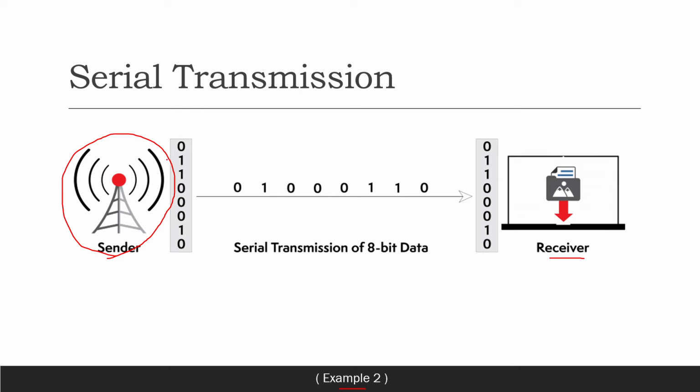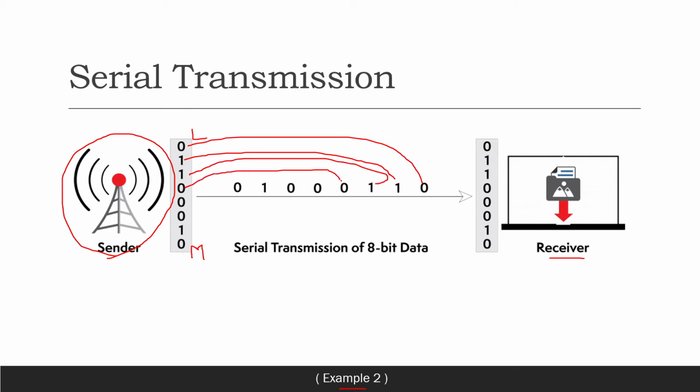Here we are transmitting 0, then 1. So this is the LSB and this is the MSB. The most significant bit is this one and this is the least significant bit. 1 is transmitted, then 0, then 0, then 0, then 1, and lastly the MSB is transmitted.